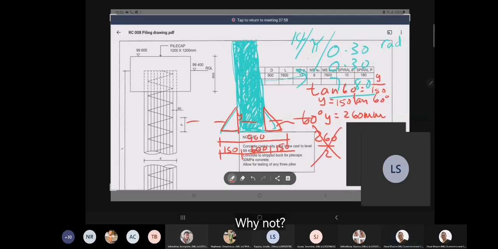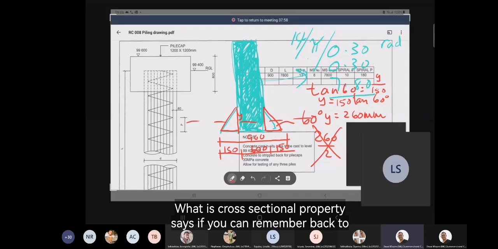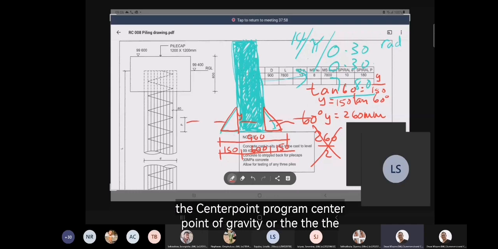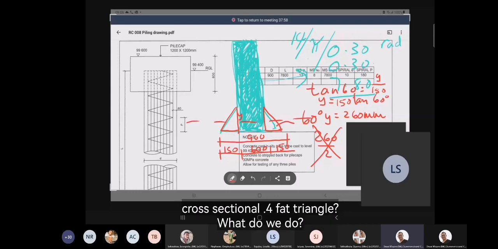Why not? What does cross-sectional property say? If you can remember back to your third year structures and concrete, in the structure section when you did cross-sectional properties, what did we say? How did we determine the center point, or the center of gravity, for that triangle?